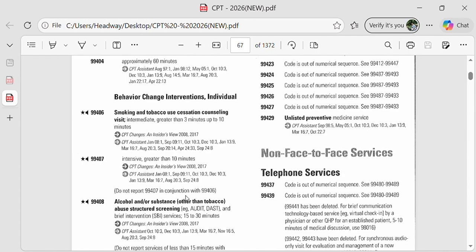What it is telling is, when you are using the 99407 code, no need to use the 99406. Did you understand? If counseling is about 25 minutes, how can you code? Directly you can give the 99407, you need not give the 99406.